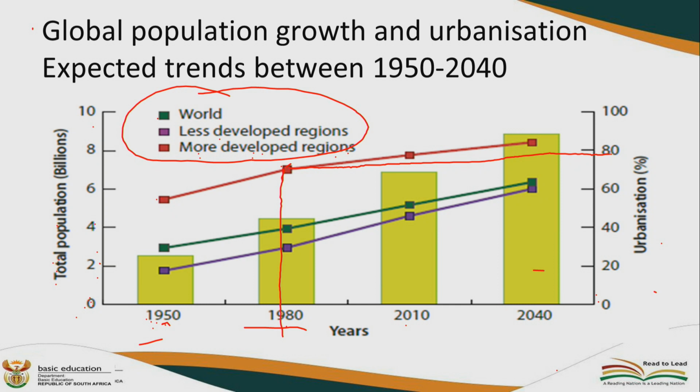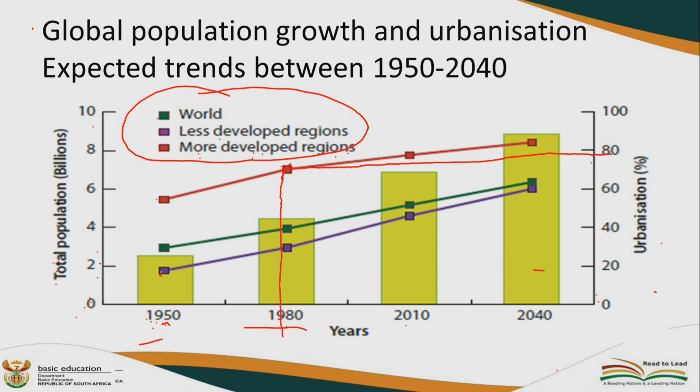The thing that you need to take note of when you are looking at this is to make sure that you know how to estimate in a correct position in order for you to get a proper answer. Another thing, if they're asking you about the total population who are living in less developed countries, you have to look at the purple one, and then you check, and you'll be able to answer those questions.